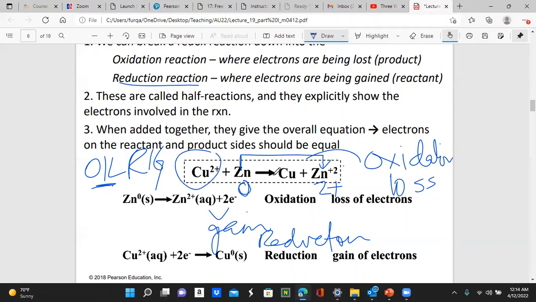Because copper is reduced because the oxidation number is going down. Okay, it's decreasing. So copper is reduced. So what is going to be the reducing agent? Zinc is going to be the reducing agent where the oxidation is happening. And because zinc is being oxidized, copper is going to be the oxidizing agent for zinc. Okay, so that is what you're supposed to learn here.